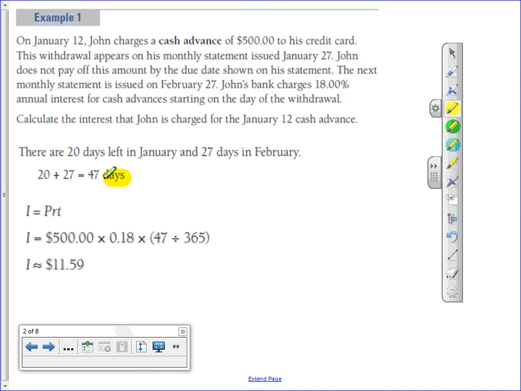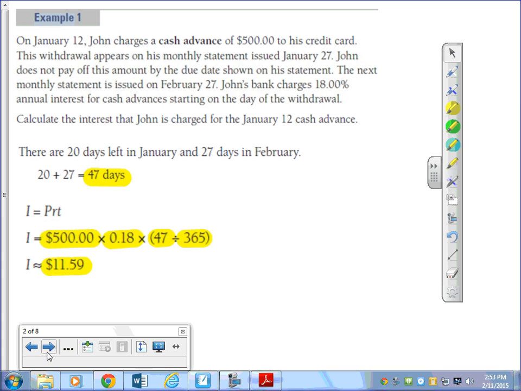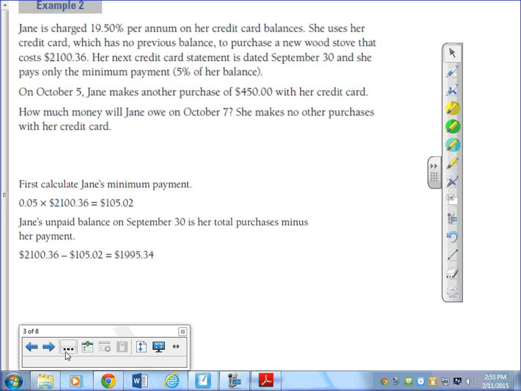And when you look at a credit card, you're charged per day. So you got your principal amount, $500, times the 18% divided by a number of days per year, and then multiplied by the number of days. And you can see that's about $11.59, which really doesn't sound like the end of the world, but it's still money that was yours is now taken away simply because you chose not to pay on time.